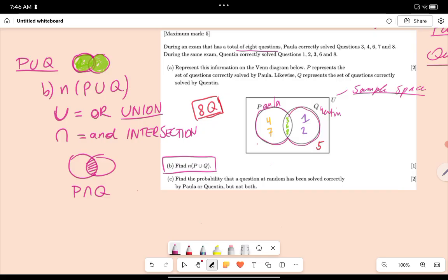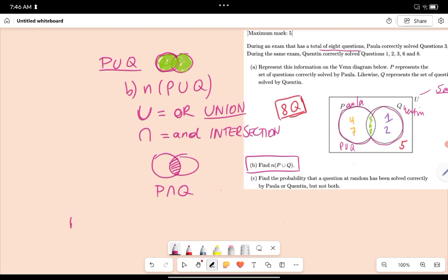Okay, that is P or Q. And now we're going to count how many. So an n in front of a set means the number of elements. Okay, so we're just going to count how many questions have been solved by either Paula or Quentin.